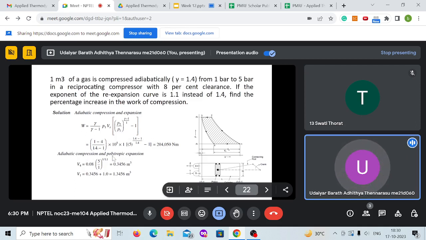Then adiabatic compression and polytropic expansion. Here we can find out volume V4. V3 to V4 is a polytropic process with exponent 1.1. V3 is the clearance volume, which is given as 8%, so 0.08 times your V1.